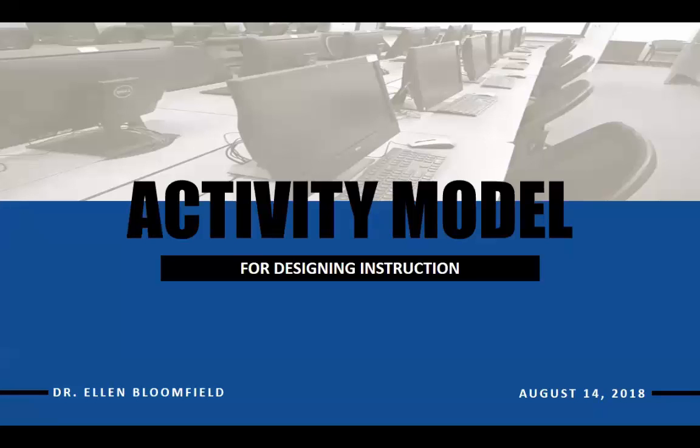Let's get started. Let's review what we did yesterday, or what we should have learned. We talked about the difference between program and course outcomes and objectives. Interchange those words. We're basically talking about student goals: what we want our students to learn in our course and in our program.